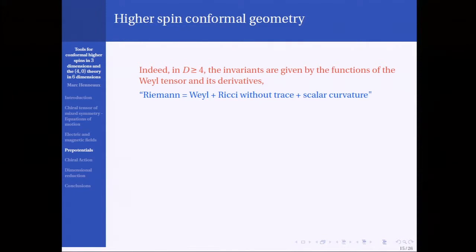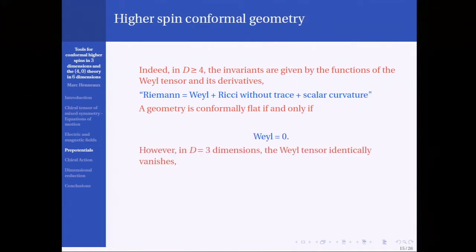But if you decompose Riemann into a sum of Weyl, which is the traceless part, then one trace, the Ricci without trace, and then the scalar curvature, these are not Weyl invariant, but the Weyl tensor is invariant under Weyl transformation. And we know that a geometry will be conformally flat if and only if Weyl is equal to 0. That's true in more than 4 dimensions. This is for any signature, so I should not say space-time.